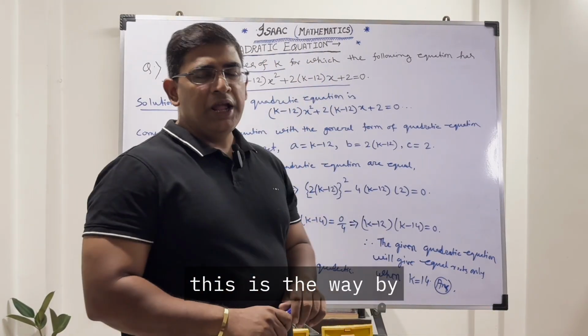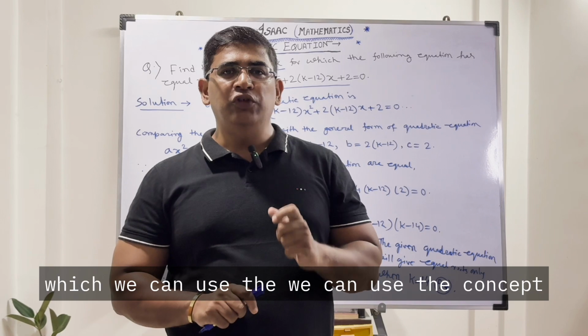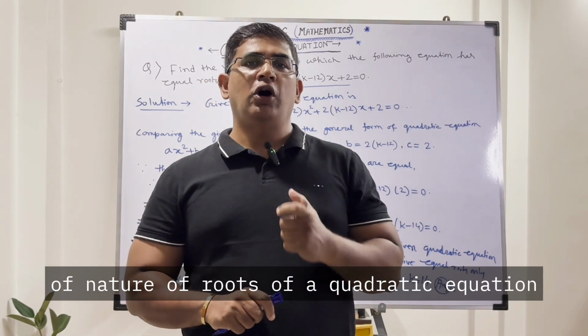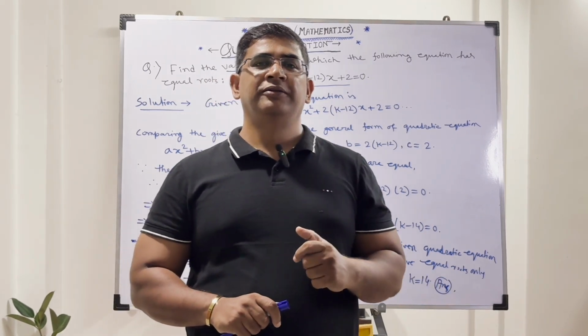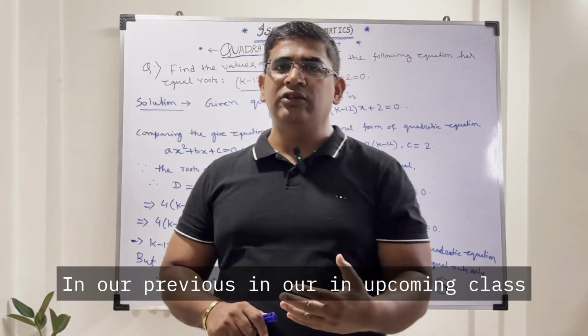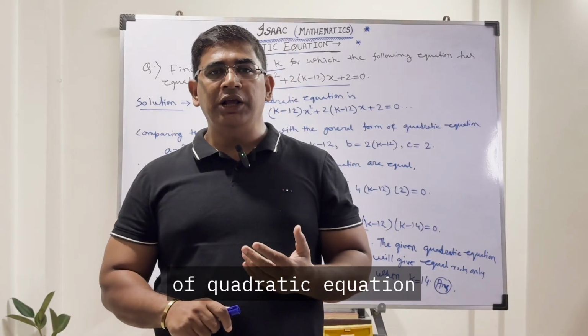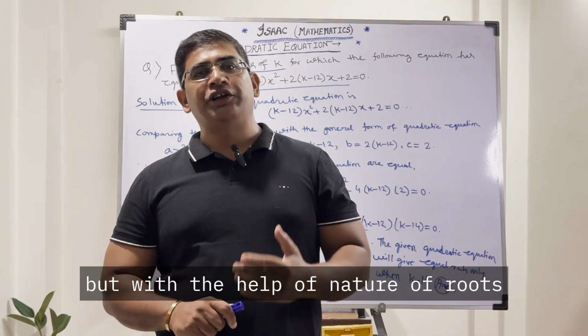This is the way by which we can use the concept of nature of roots of a quadratic equation. In the upcoming class, we will learn how we can solve more problems of quadratic equation with the help of nature of roots.